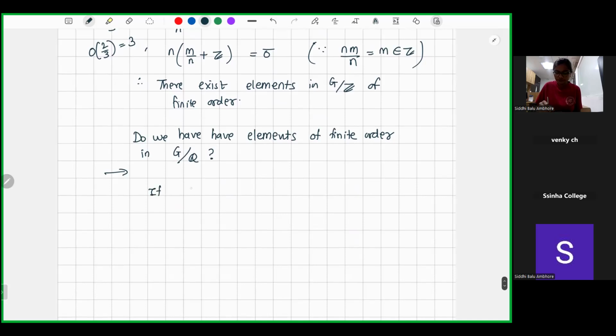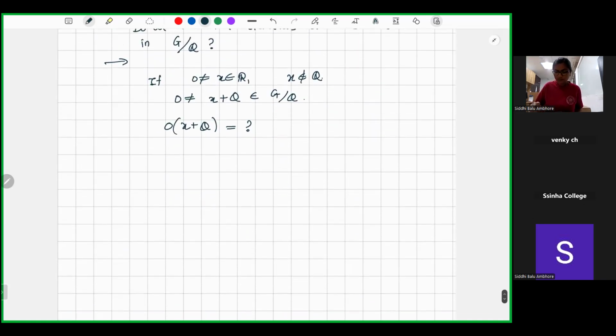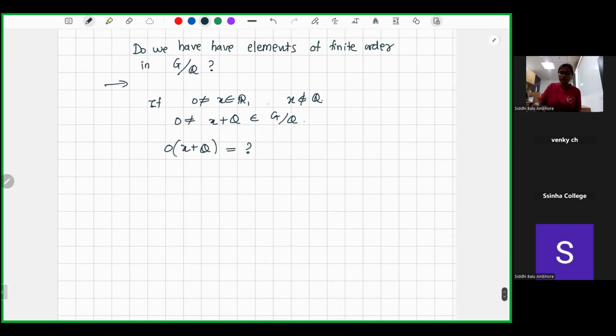Suppose some non-zero x belongs to R, we do not need x to be in Q for this, such that x plus Q belongs to G quotient Q. What will be the order of x plus Q?